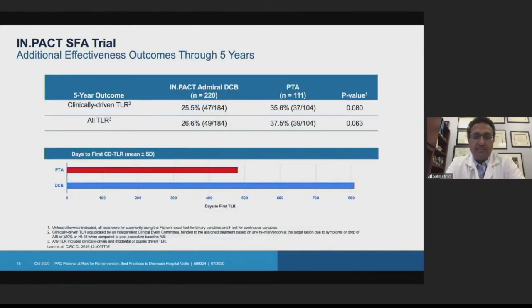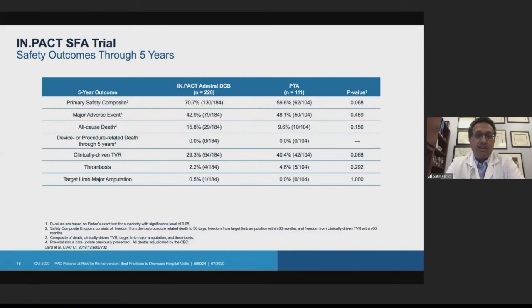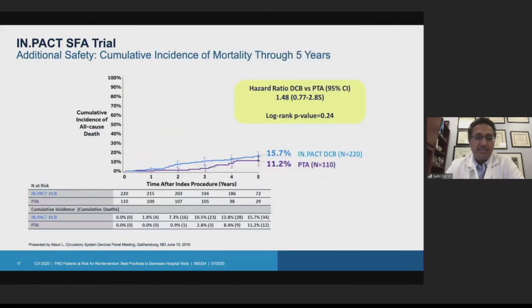And you can see that with respect to these clinical outcomes, the days to the first TLR are substantially longer when you compare those two metrics. Safety is also quite good. There was no statistically significant difference in safety events, including all-cause mortality, in this patient population. And these were the most carefully vetted patients of all the data sets.